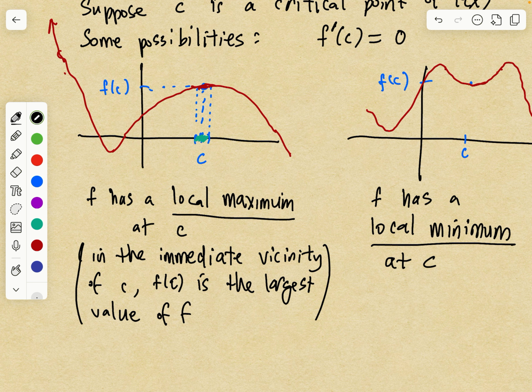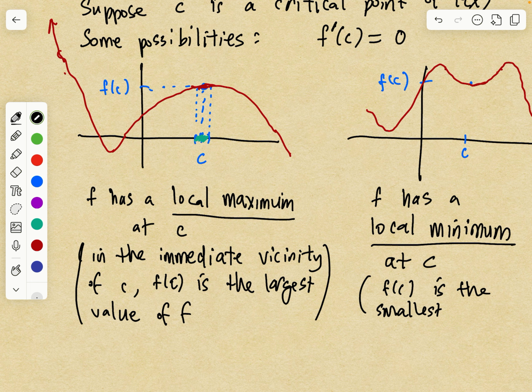Meaning that in the immediate vicinity, slightly to the left and to the right, f of c is the smallest, meaning that it's less than or equal to any other value.